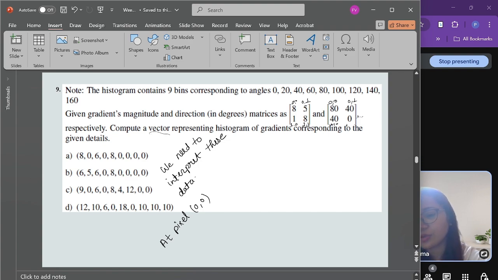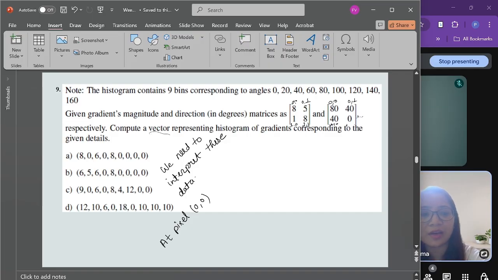So at pixel location 0 0, what is our magnitude? Can you tell me? Let's represent magnitude by M1 at pixel location 0 0. It is 8, right?